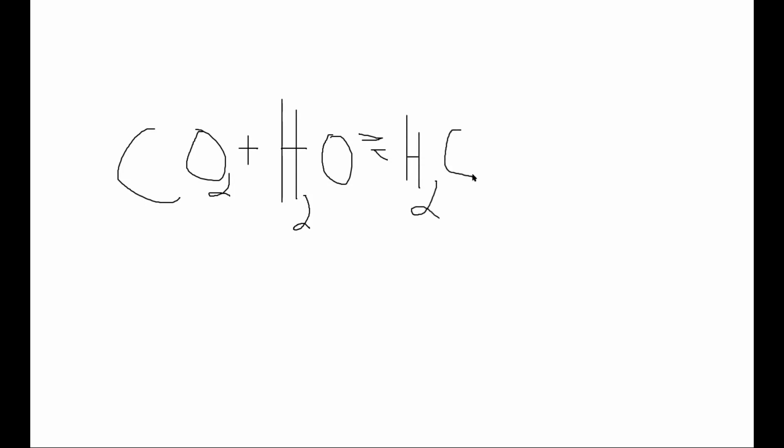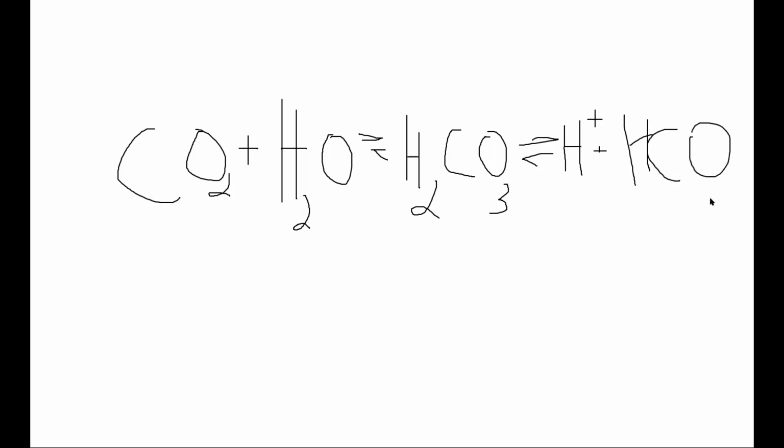And then that can move to the right or left to make this. So this whole reaction that we see, it's hard to write it like this with just the mouse, so that's bad. All right, so that reaction that we see here is HCO3 minus.